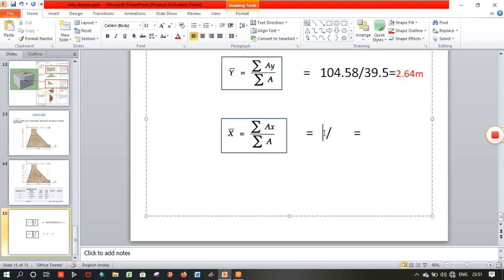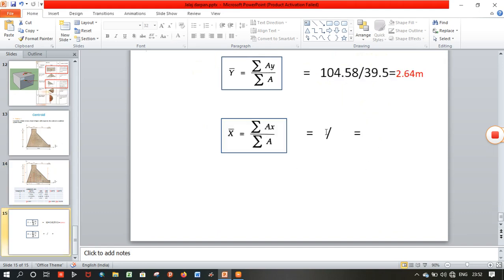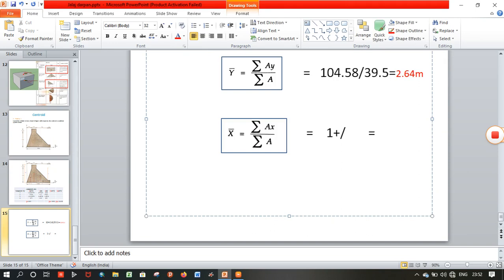So now for the x bar, that is the distance along the x-axis, you need to divide sigma Ax by sigma A. So sigma Ax is 165.8, and the sum of the area is 39.5.